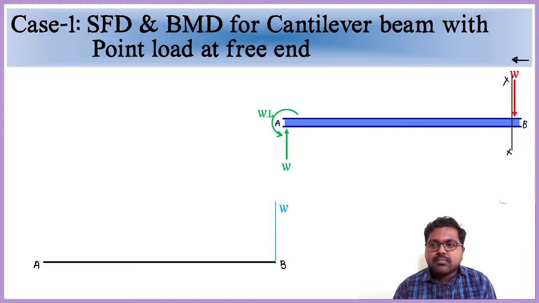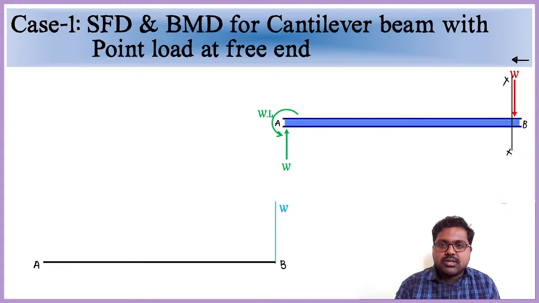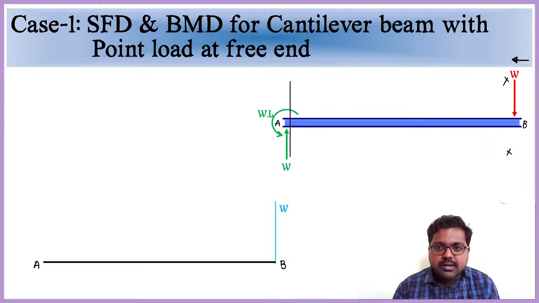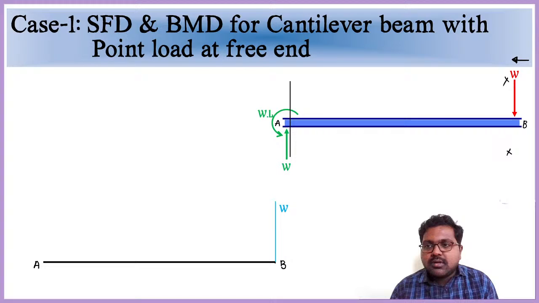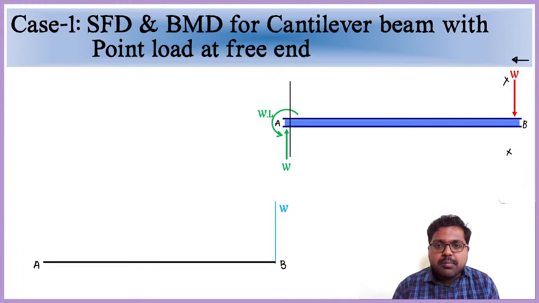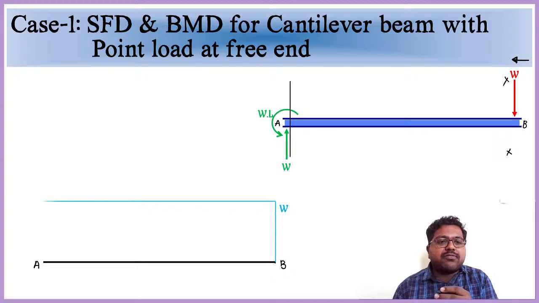Then from here I am moving towards A. When I am moving towards A, there is no change. So I came up to here, taking the cross section from immediate left of B to immediate right of A. There is no change, so the entire shear force diagram will go on a straight line.